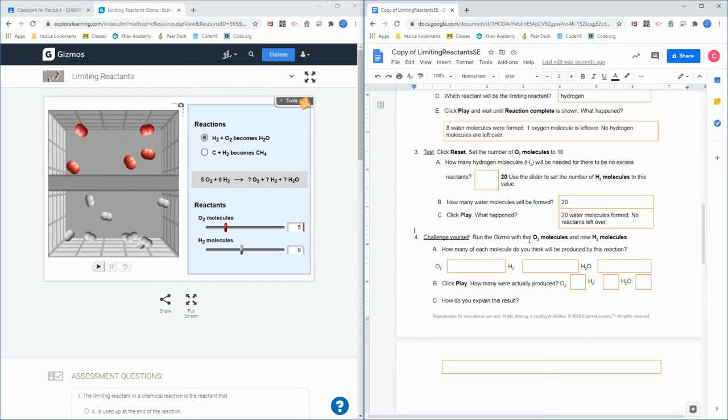So we should be able to make 10 water molecules out of those 10 oxygen atoms. So I think we're going to be able to make only 9 though, right? Because we only have 9 hydrogens. So that's going to leave us with 0 hydrogens, and we're going to have 1 oxygen molecule left over. Let's see what happens here.